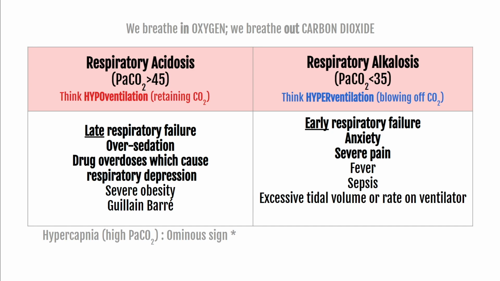On the other hand, respiratory alkalosis, we're thinking hyperventilation. We're blowing off all of that carbon dioxide, and that's leaving us with low levels of PaCO2, less than 35. This is going to be when we're hyperventilating, such as in early respiratory failure with anxiety, severe pain, fever, sepsis, or if our vent is set at excessive tidal volumes or rates.